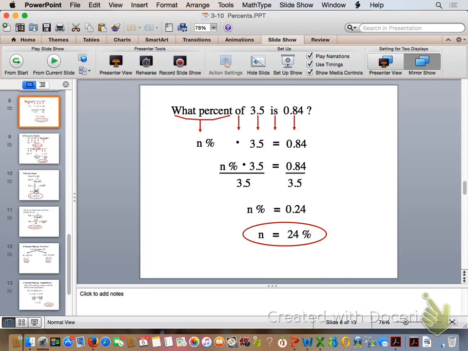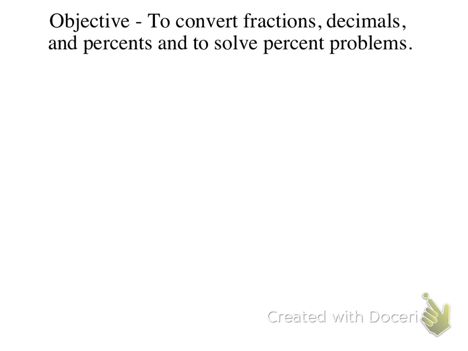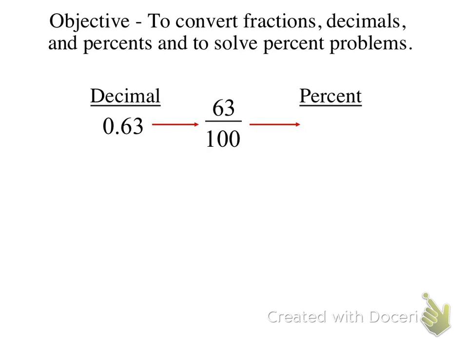We could go back to the original problem if I went to the beginning of the slides, which I did kind of skip the basics. Just reminding you, assuming that we understand decimal to percent. If I'm converting a decimal to a percent, I really am multiplying by 100 and I move my decimal 2 places to the right.